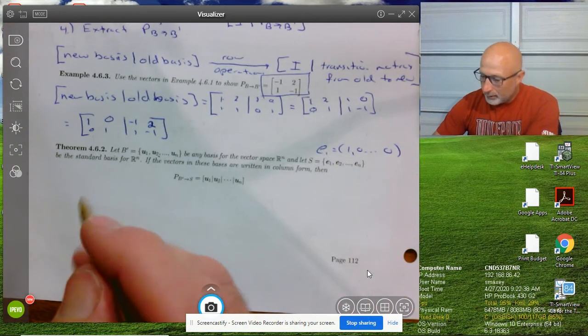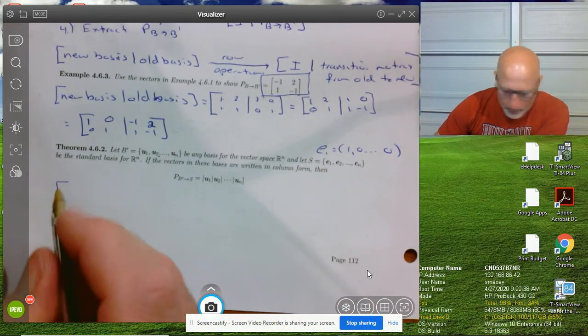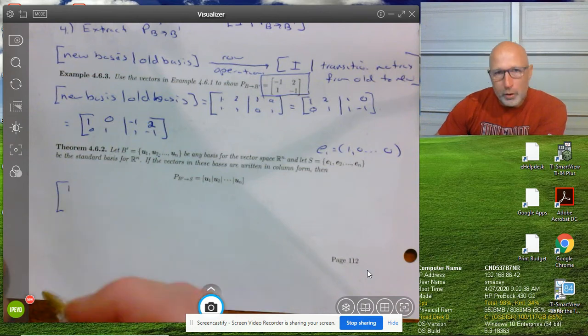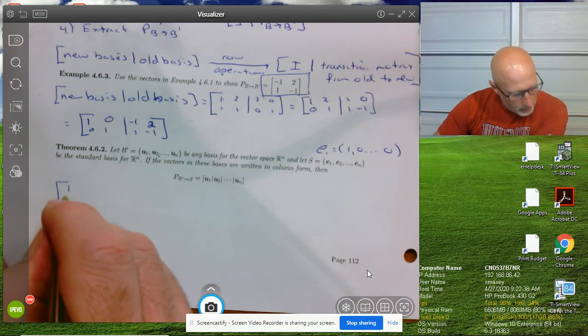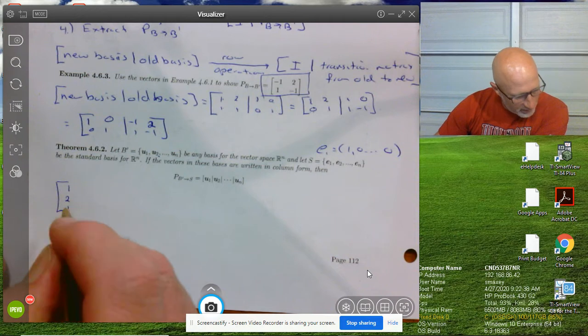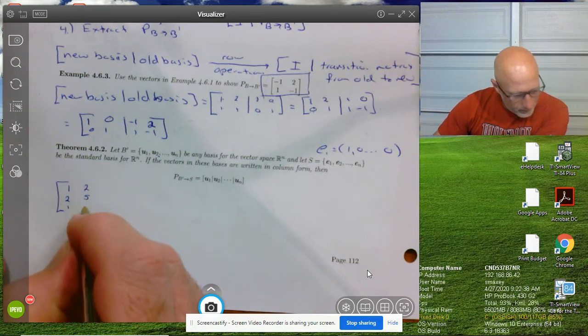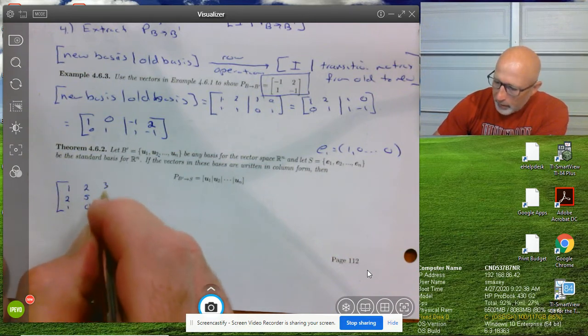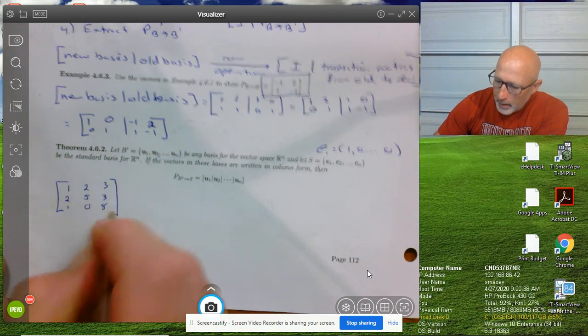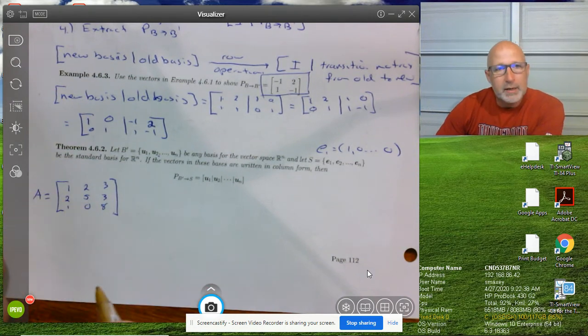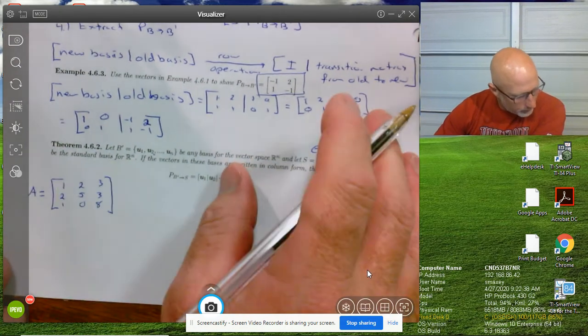So say, for example, I have the matrix that's given by 1, and I'm going vertical so you can understand what I'm trying to do here. So 1, 2, 1, 2, 5, 0, and 3, 3, 8. Okay, I'm going to call this the matrix A, and it does turn out that this is invertible.